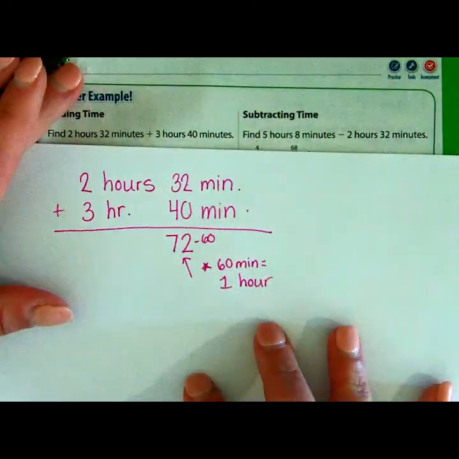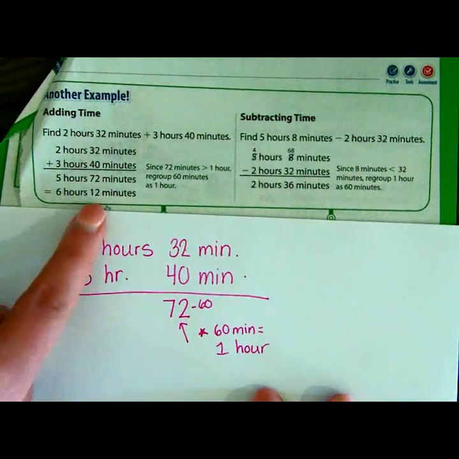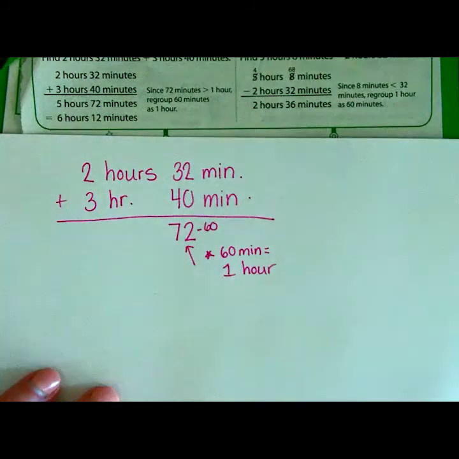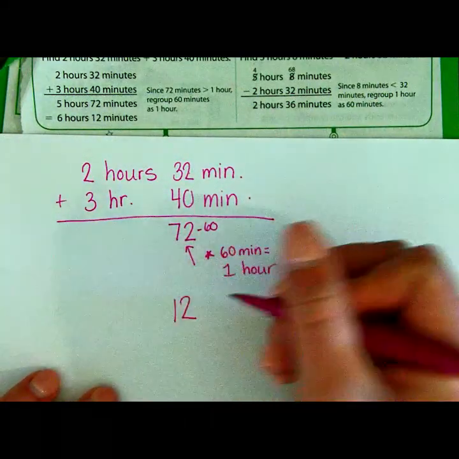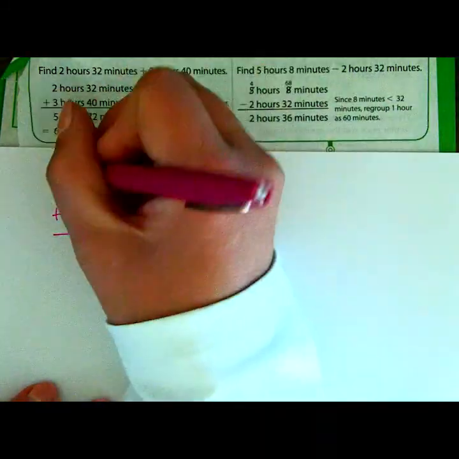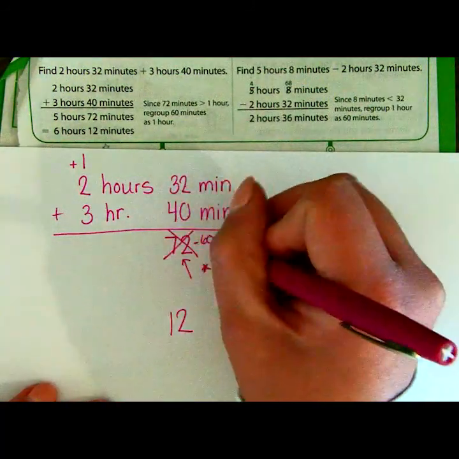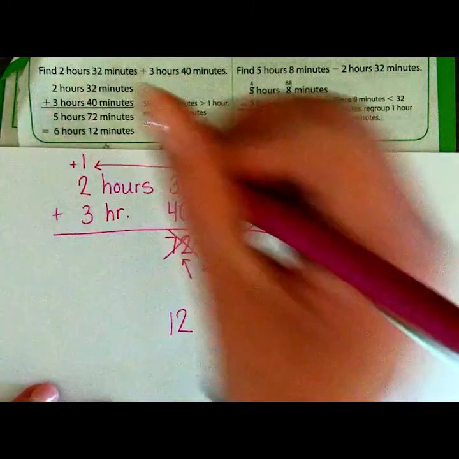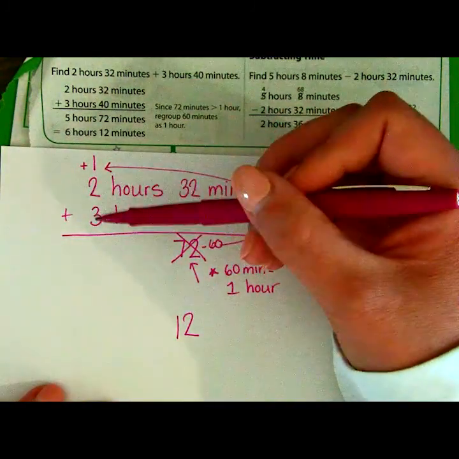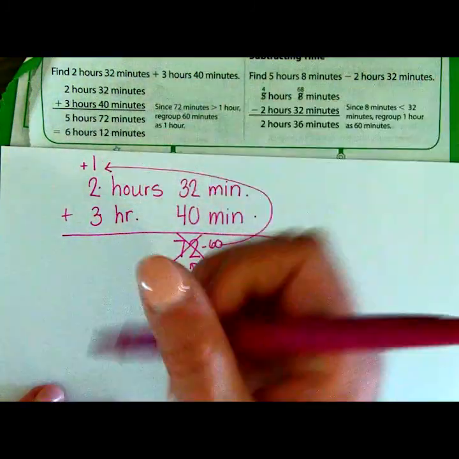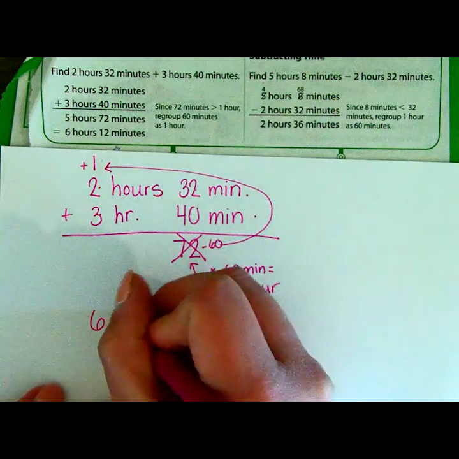That's correct. Now, when I regroup that hour, obviously I'm going to have to add that up here. So take away this, regrouping it up here, and now I can add my hours. 3 plus 2 is 5, plus 1 more is 6. So 6 hours and 12 minutes.